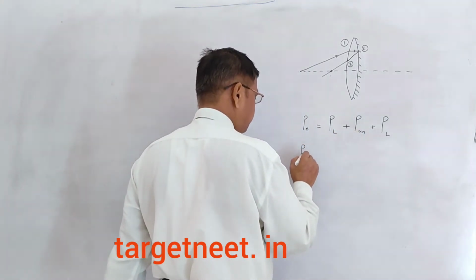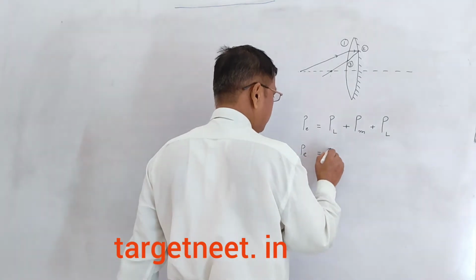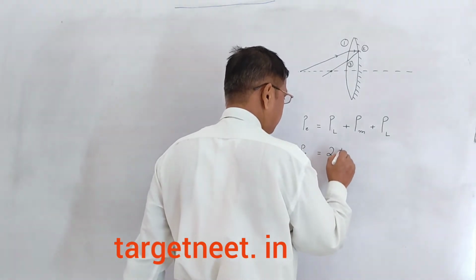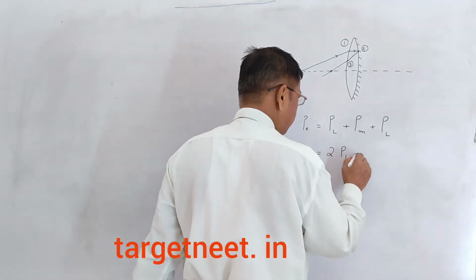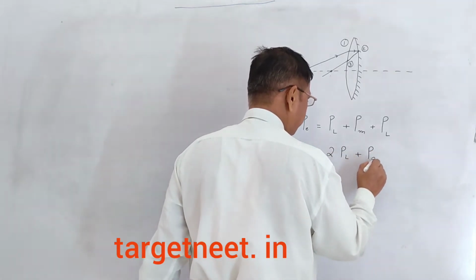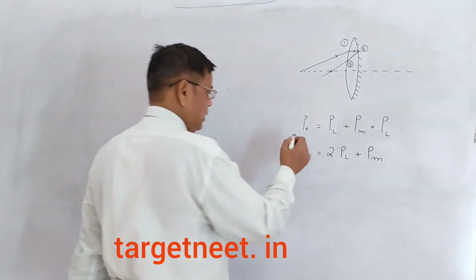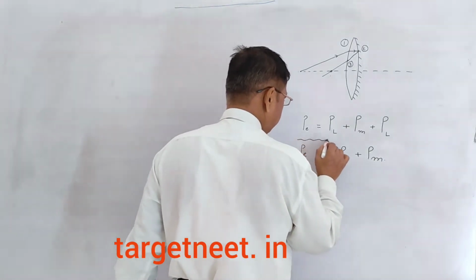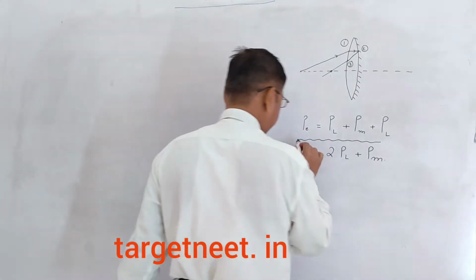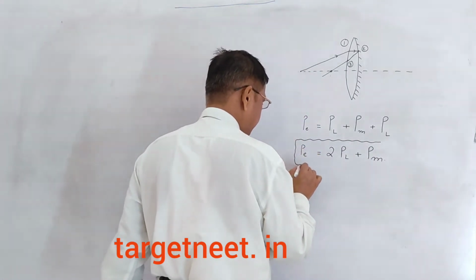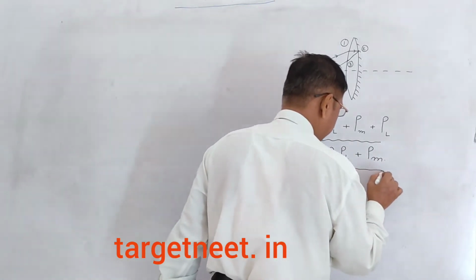So effective power is equal to 2 times power of lens plus power of mirror. This formula we are going to use. This is the effective power of the system.